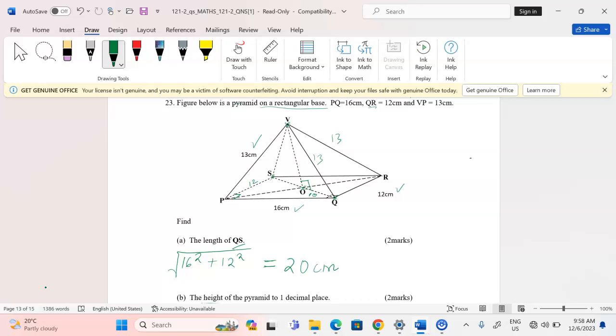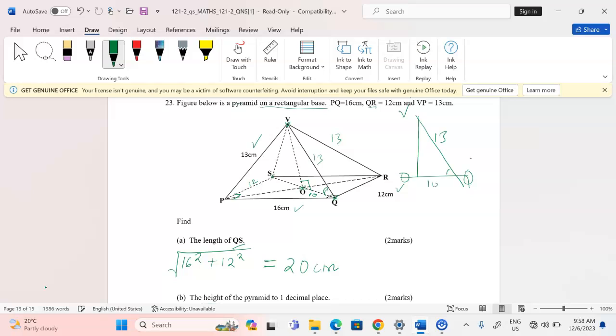Therefore, we need the angle between VQ and QO, the angle at this point. So the angle between VQ and the base PQRS will be the angle between the line and its projection, which is QO. That is what we're going to calculate.